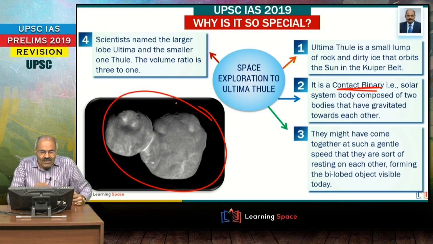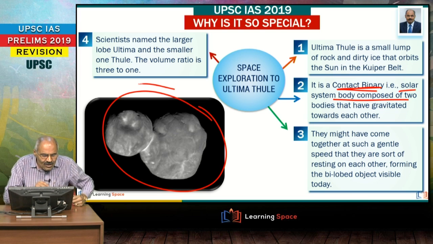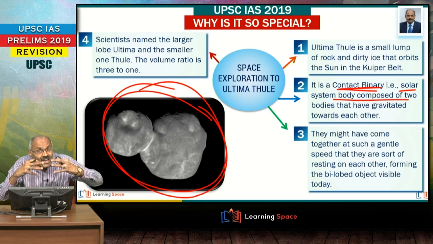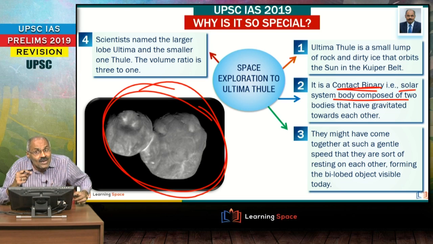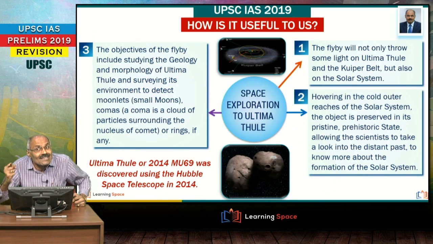Contact binary is the term used when a solar system body comprises two bodies which gravitated towards each other. In this particular case, the two bodies gravitated towards each other, and Ultima Thule is an example of a contact binary, please don't forget. And this is the longest flyby in the history of space, right?